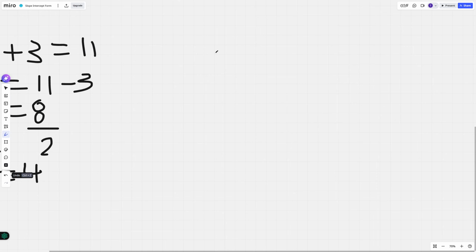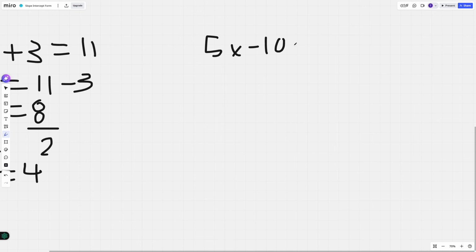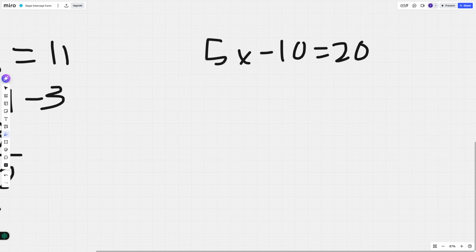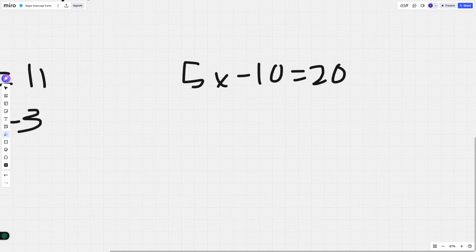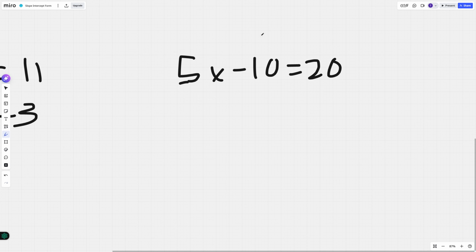Alright, let's have another example. 5x minus 10 equals 20. So, this time it's a little bit different, as you have a subtraction. That means you start with negative amounts of money, and then you want to work your way up. So you actually have to add 10 to the left side to get rid of this negative 10.